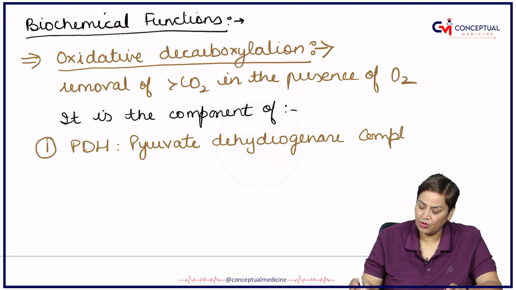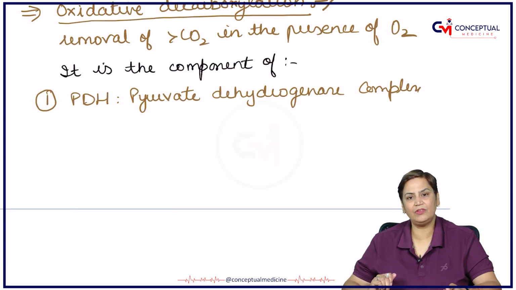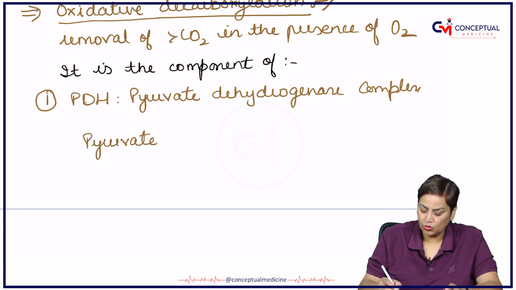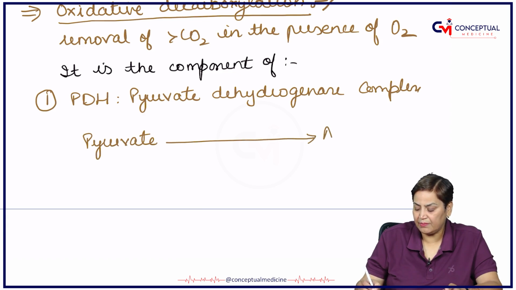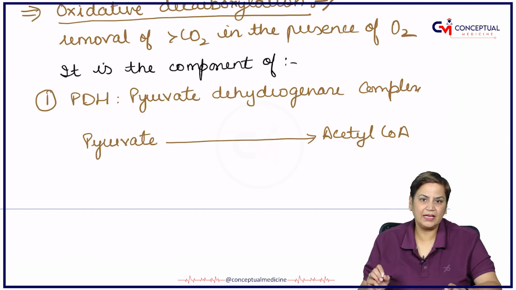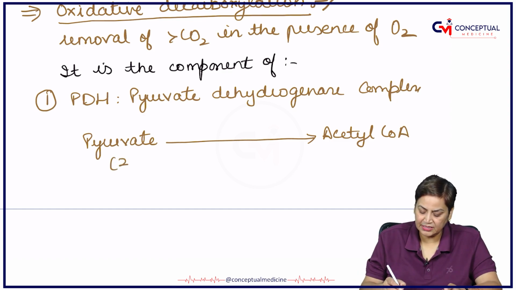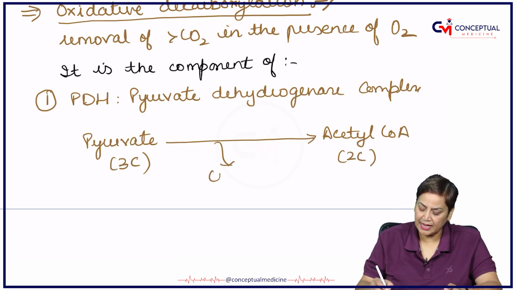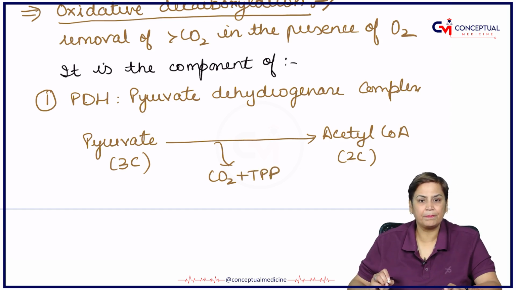It is an enzyme of the link reaction which converts pyruvic acid to acetyl coenzyme A. Pyruvic acid has 3 carbon atoms, acetyl coenzyme A has 2 carbon atoms. So one molecule of carbon dioxide is taken by this TPP.